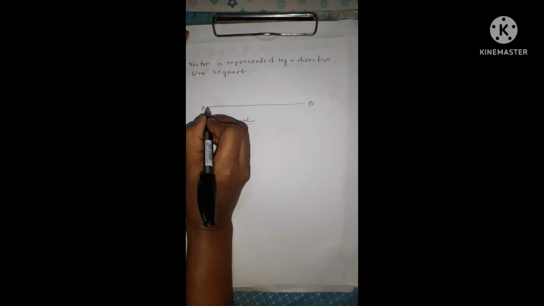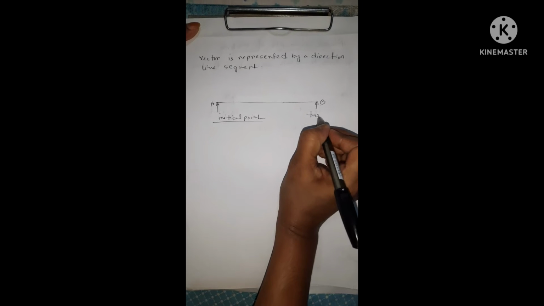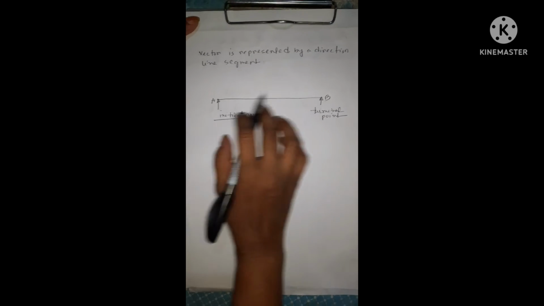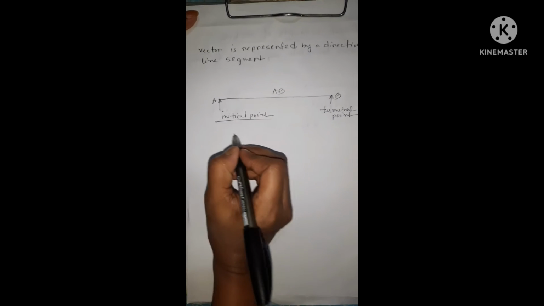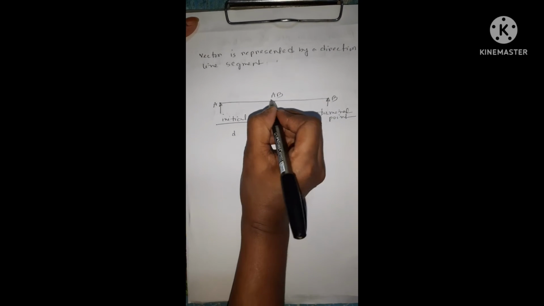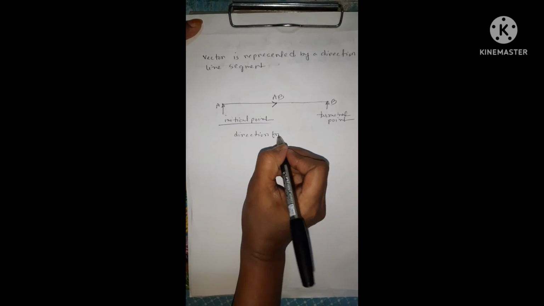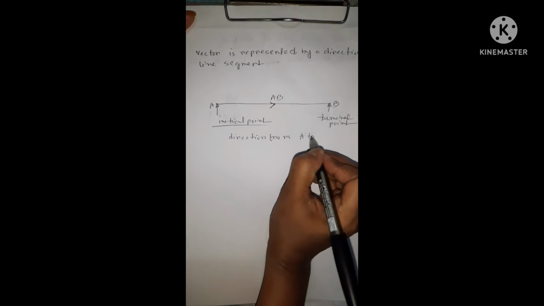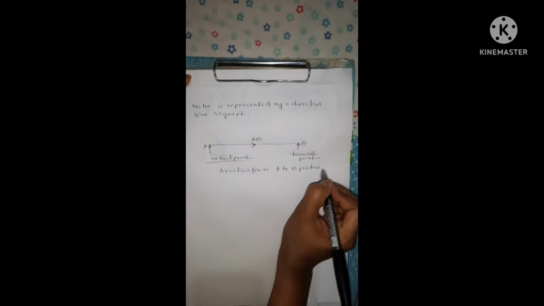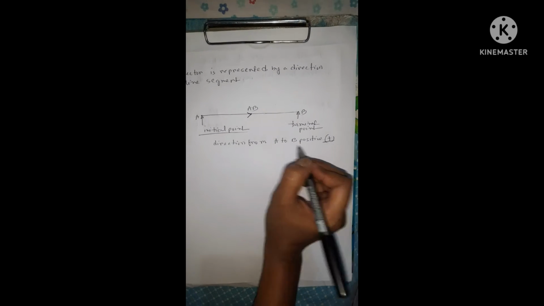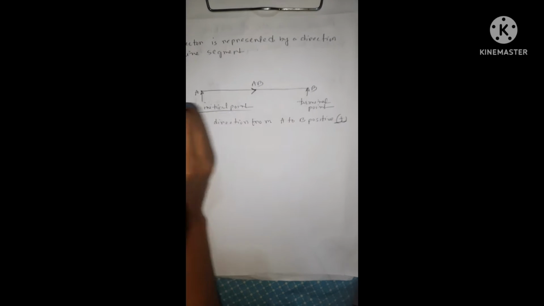A is the initial point and B is the terminal point. The magnitude is the length of AB. Direction: this is the direction from A to B, which is positive.